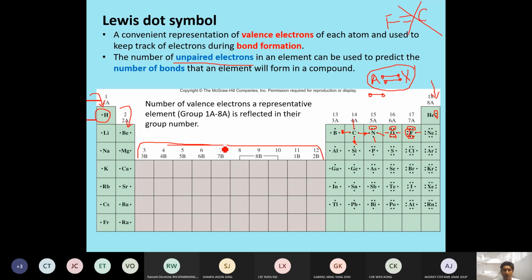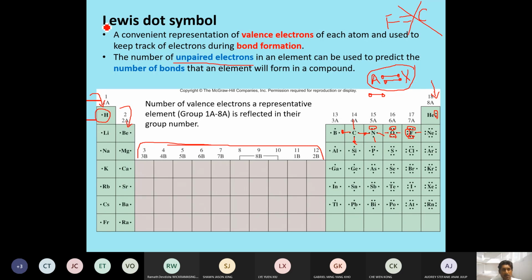Some of them form positive 2, positive 3, positive 4, positive 5. One single element can form different types of positive charges. That means they have variable valencies, and the octet rule does not explain them. So the Lewis dot symbol is not good enough to explain their characteristics.